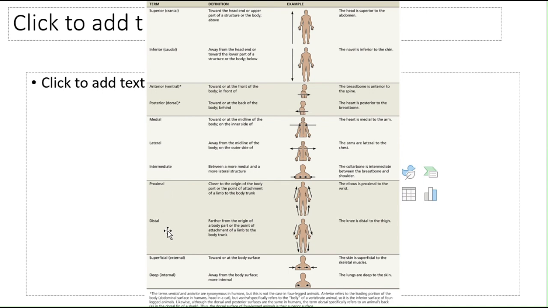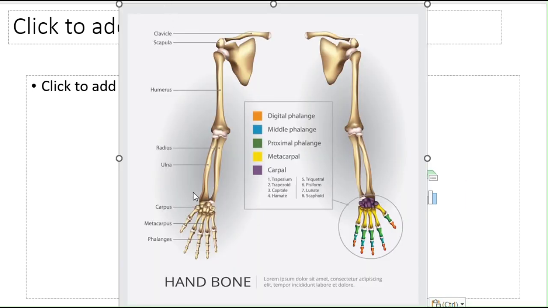Proximal and distal. For example, our hand is made by phalanges. One of the phalanges is closer to the origin, to the root.